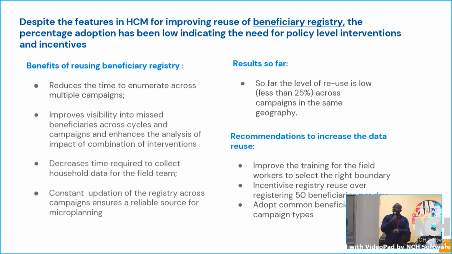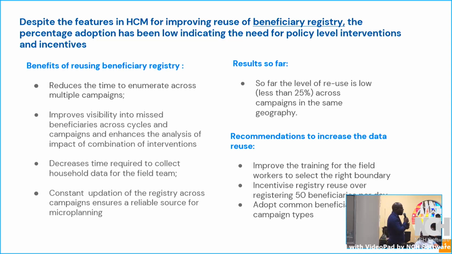The second part is policy, looking at behavior change. If we incentivize registry usage, meaning that you track who is using the data, you can incentivize them, maybe with monitoring, or even for future recruitment, having them as a priority.